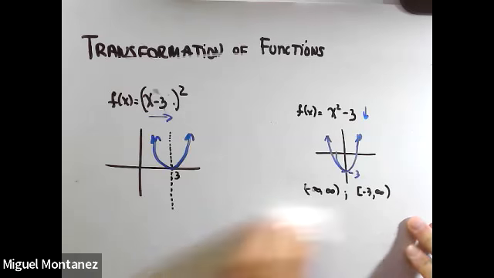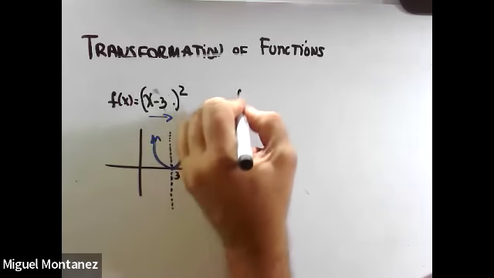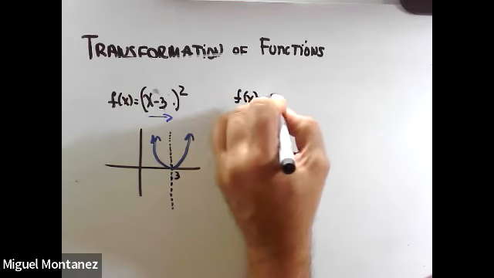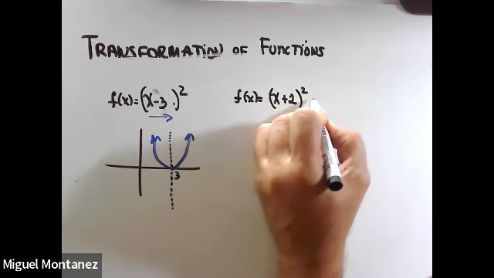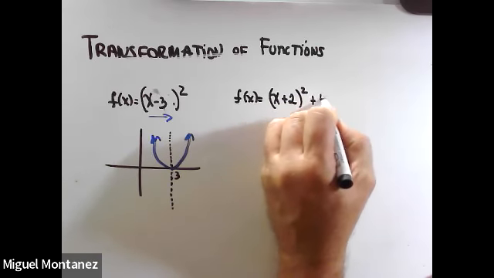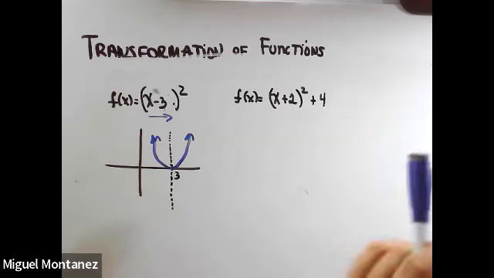Let me give you another example. What if I have f of x equals (x plus 2) squared plus 4? Now we have both. So what do I have?